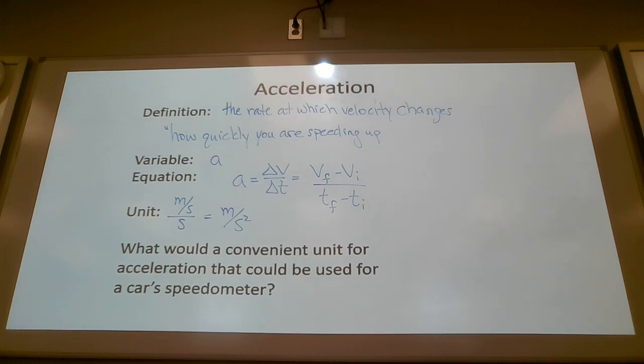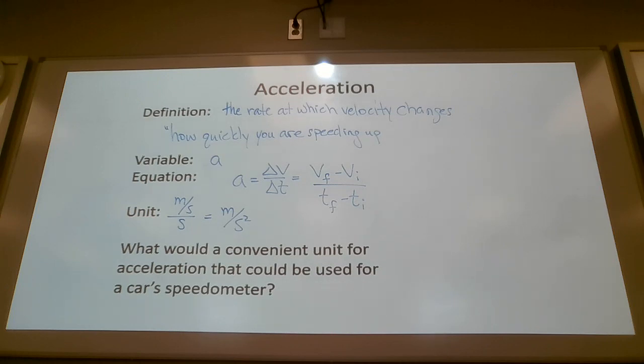We don't really have a good ownership of meters per second, but we do have a good ownership of miles per hour. So a way we could relate acceleration with units that we're more familiar with would be saying miles per hour per second.